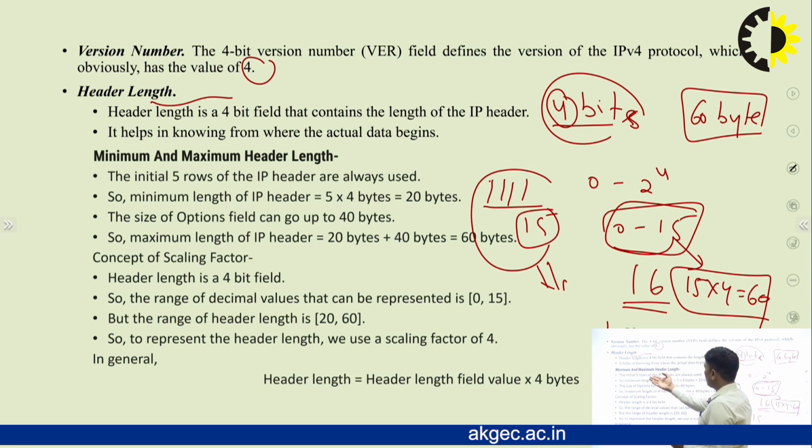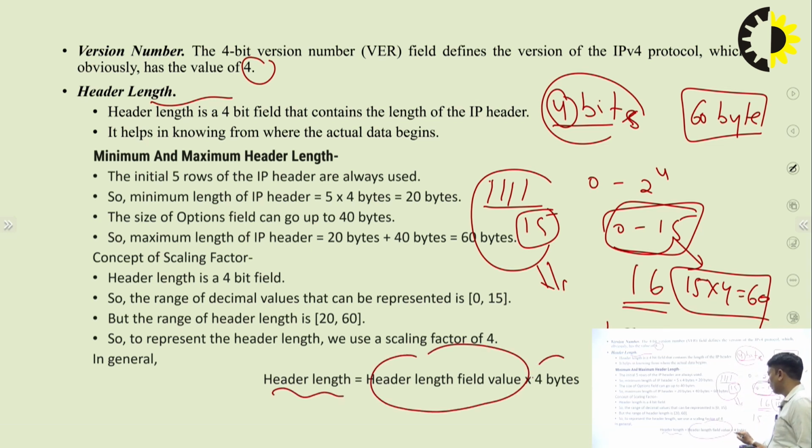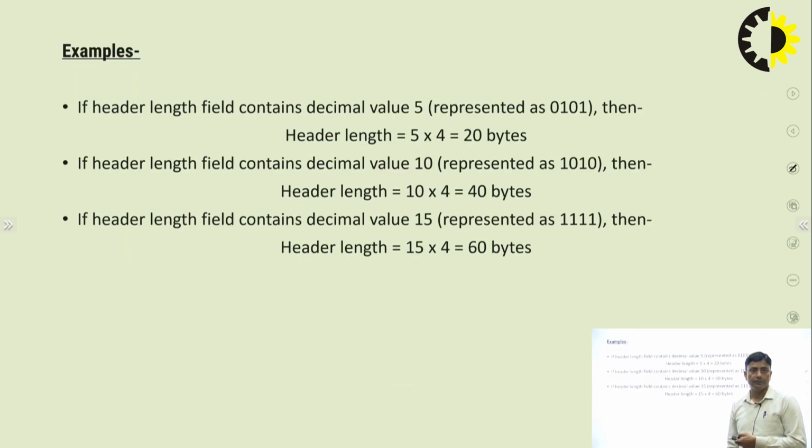As we know, the minimum header length is 20 bytes and the maximum is 60 bytes. So the actual header length is the header length field value multiplied by 4. This 4 is known as the scaling factor. Whenever we have a value in the header length, we convert it to decimal and multiply by 4 to get the exact header length.